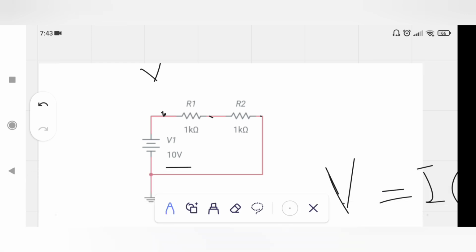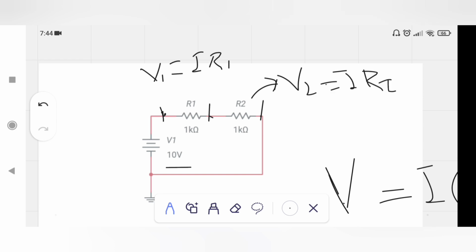V1 is equal to I R1. Since R1 is equal to R2, that is, both resistances are of equal value, in this case both resistors have the same voltage drop.